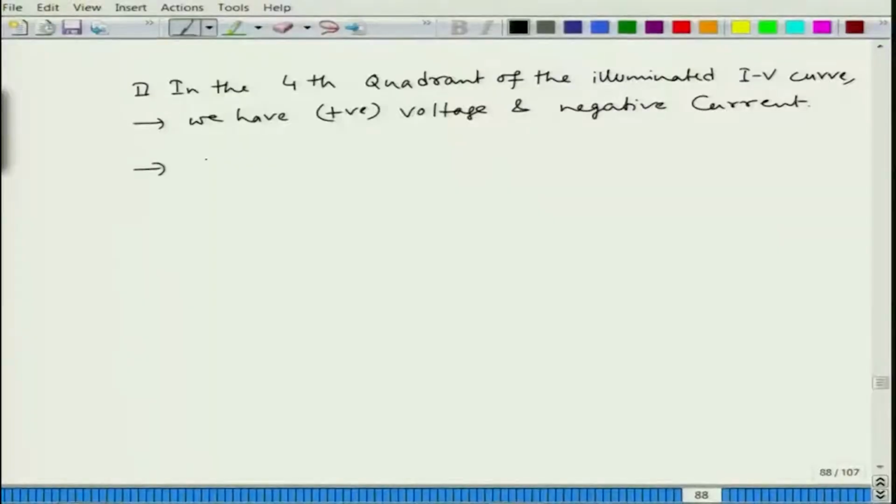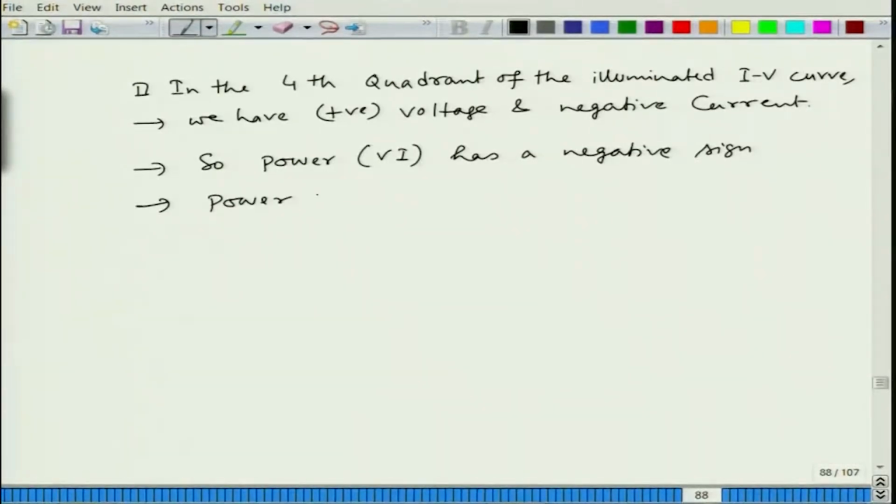So, power which is Vi has a negative sign. What does that mean? That power is getting generated and not consumed.